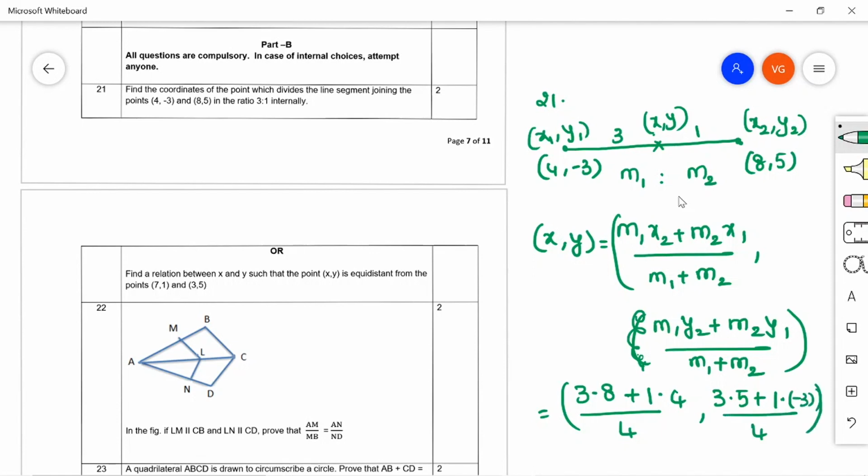So this will be 24 plus 4. 28 divided by 4, that is 7, comma 15 minus 3, 12. 12 divided by 4, 3. So the point here is 7, comma 3.